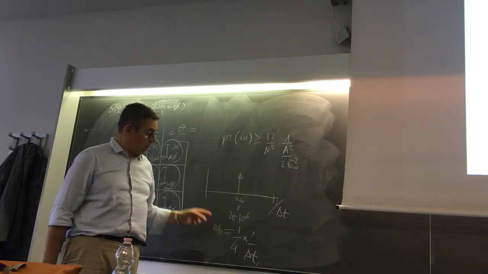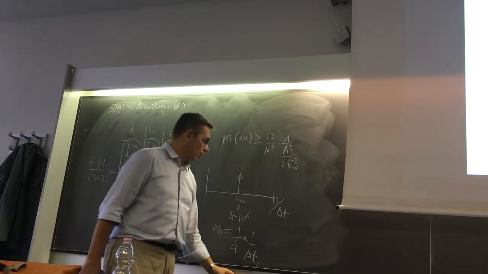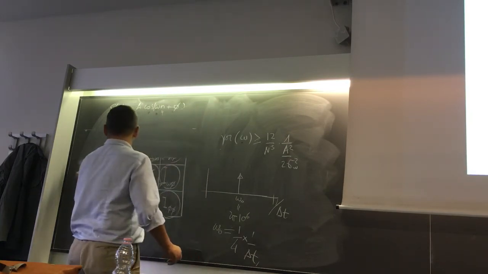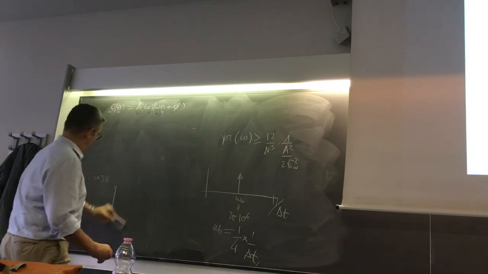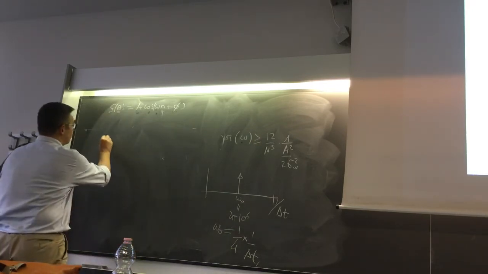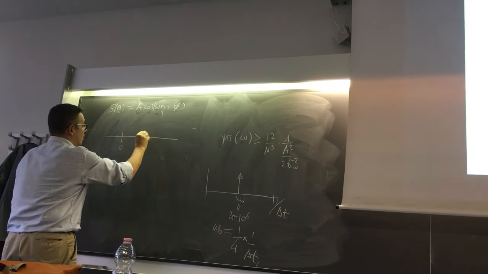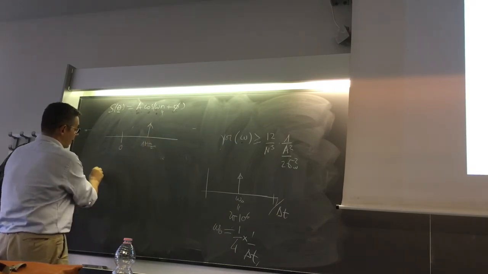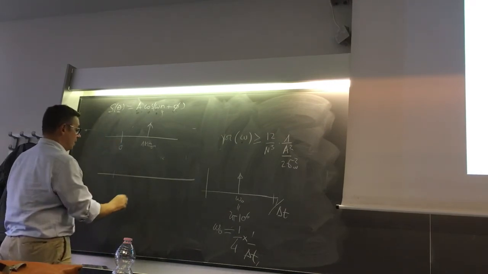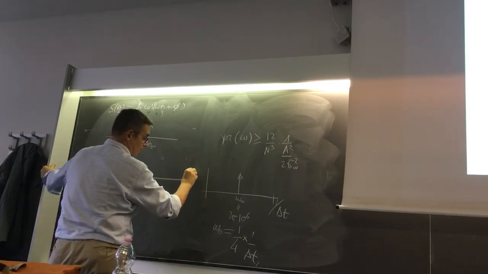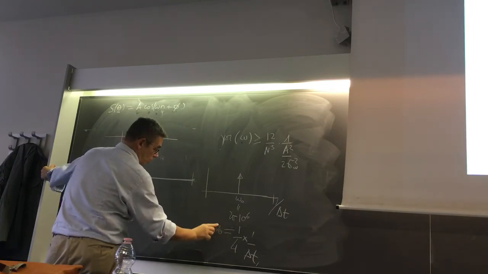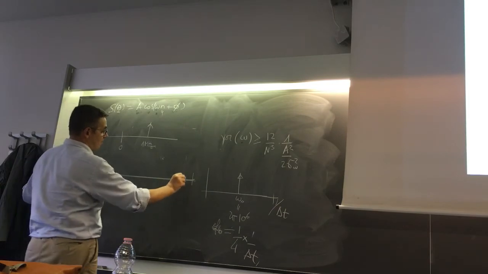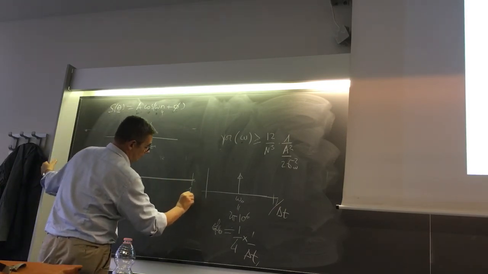Now, if we choose this omega 0 to be 1/4 of 1 over delta t, that means that, in normalized frequency, we have the true frequency, which is 1 megahertz. Then we put the normalized sampling frequency, which is 1 over delta t.